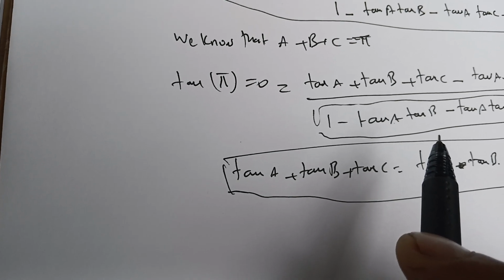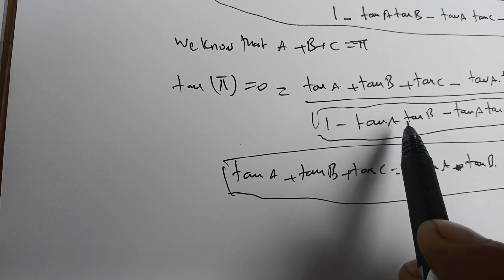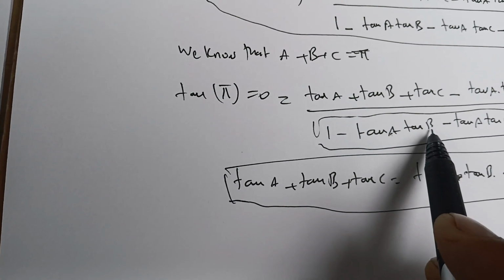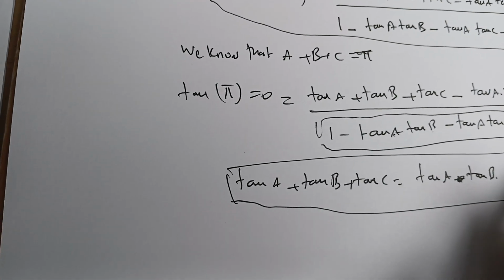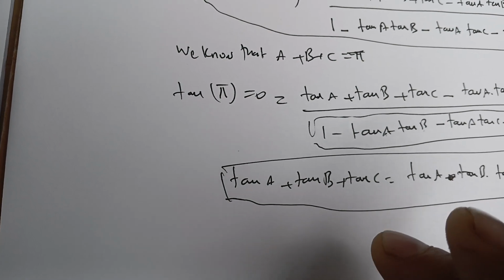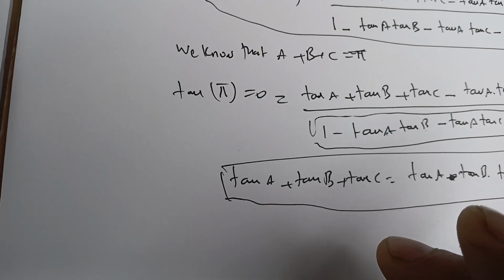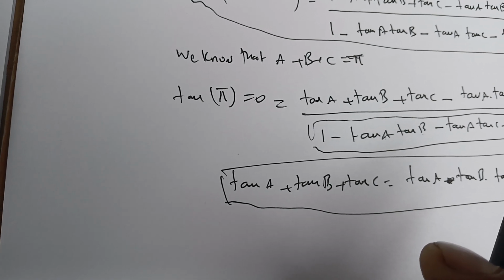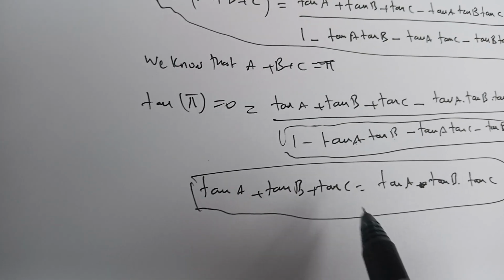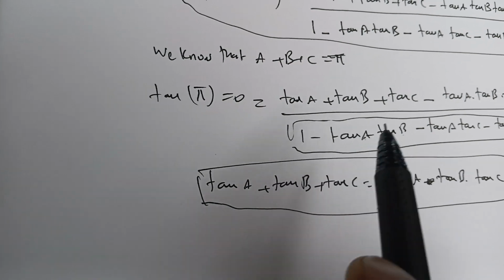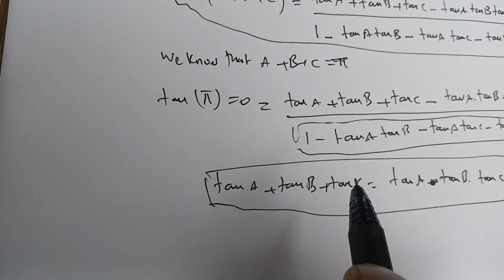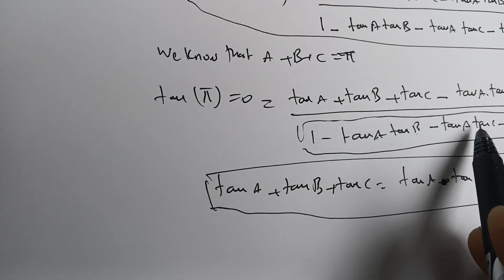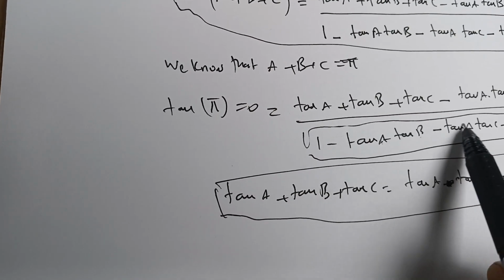Okay? Another thing is, can we have A is pi over 2 and B pi over 2 and C is 0? What's that triangle? Okay? So we assume that one of the angles, one only, can be pi over 2. All the others are less than pi over 2, and therefore this one is never 0.